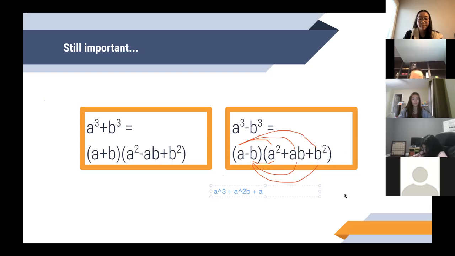AB squared. Yep. And negative B times A squared? Negative BA squared. Yep, we'll write it as negative A squared B. Same thing, but this way we can more easily see which ones cancel out. All right, and then negative B times AB.